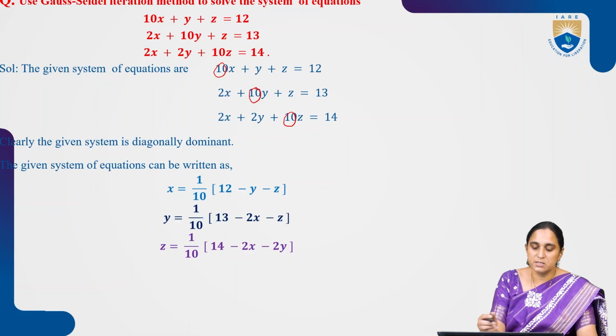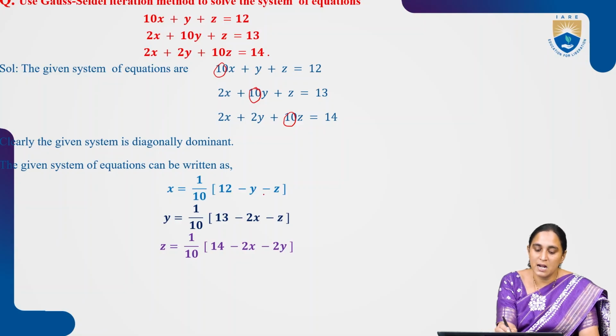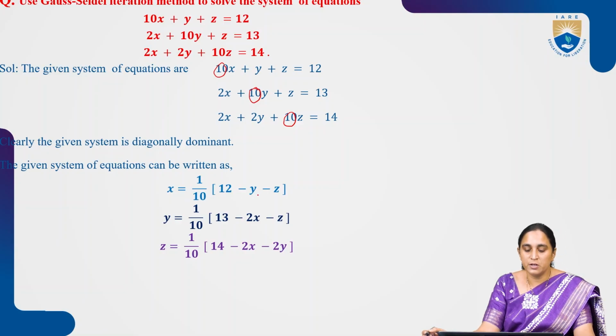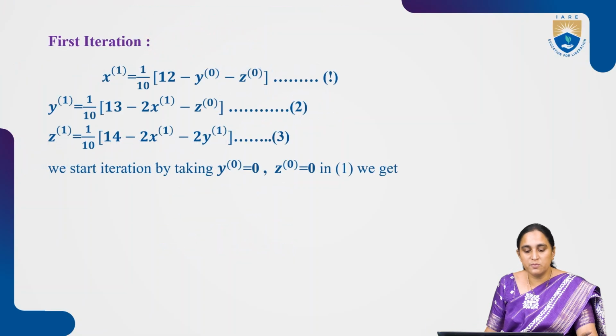For the first equation, x is 1 by 10 into 12 minus y minus z. y is equal to 1 by 10 into 13 minus 2x minus z, and z is equal to 1 by 10 into 14 minus 2x minus 2y. These are the x, y and z equations for finding the unknown values by using the iteration concept.